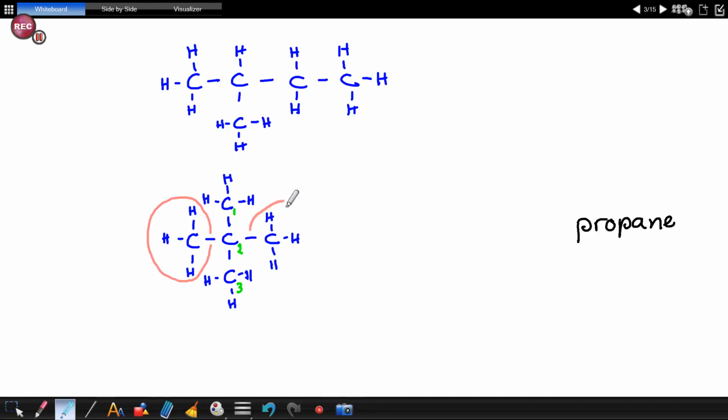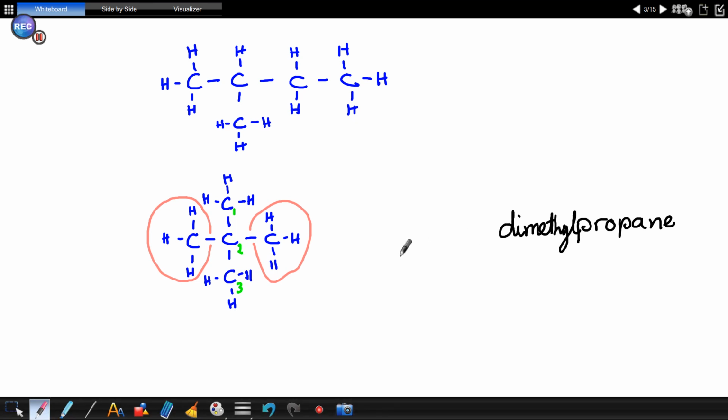And here is another methyl. This is dimethylpropane.